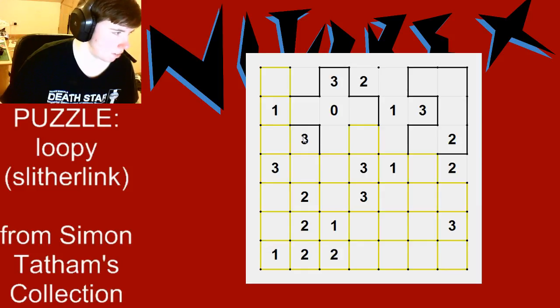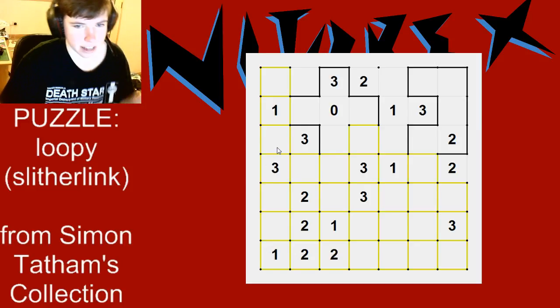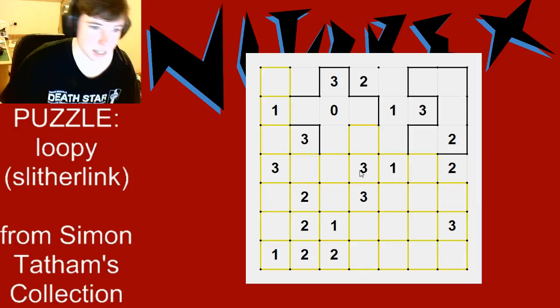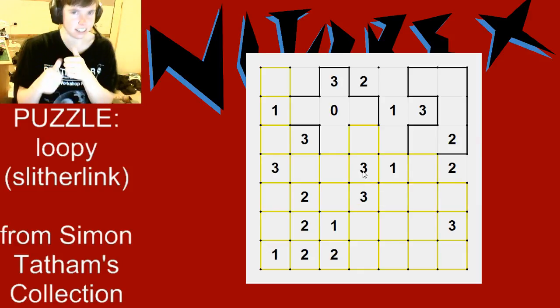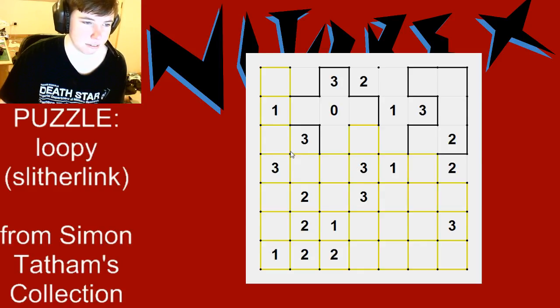Now there's a really cool one that I like with 3s. So let's do this case where they're diagonal from each other, where their corners are touching, and this case where their edges are touching. So when their corners are touching, this one can only have one of these filled in, which means that the other side of that line has to come out here or here, wherever it is.